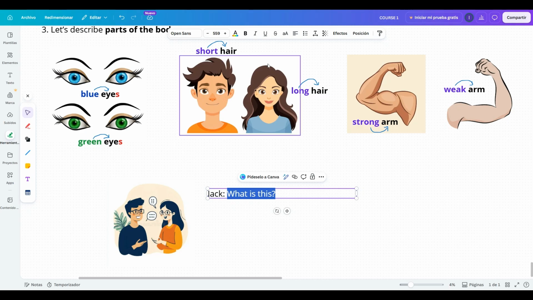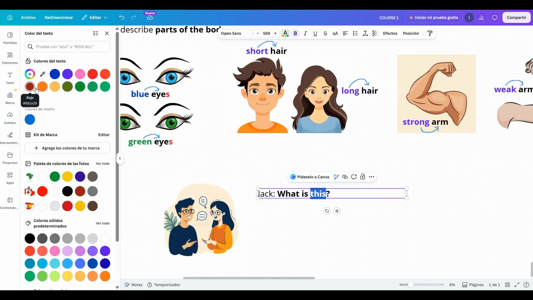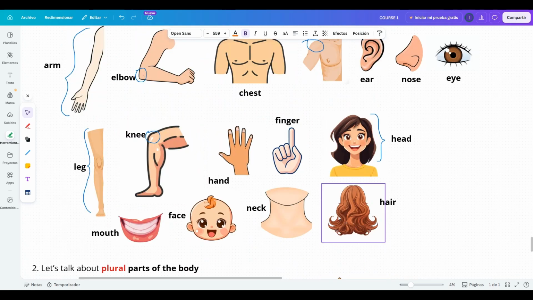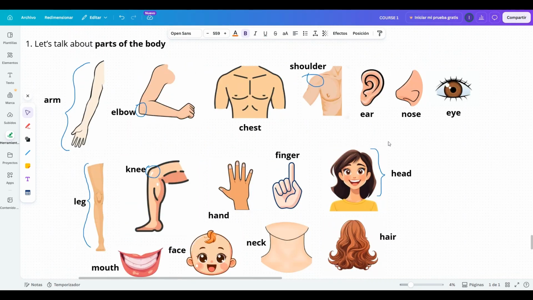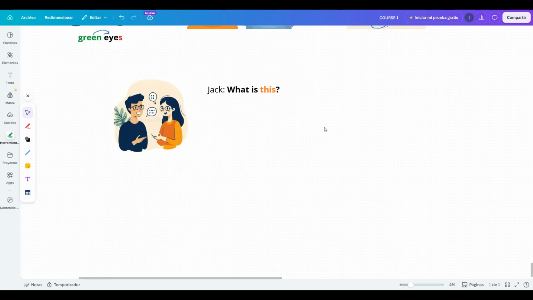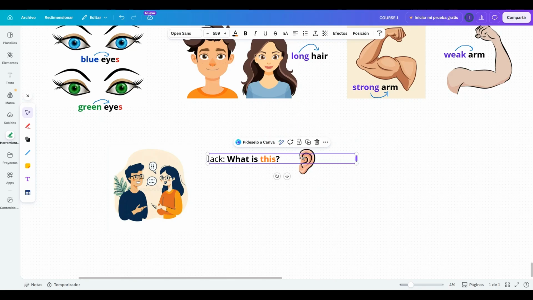Just a question for you to remember. Excuse me, what is this? For singular, right? Example, excuse me, what is this part of the body? What is this?